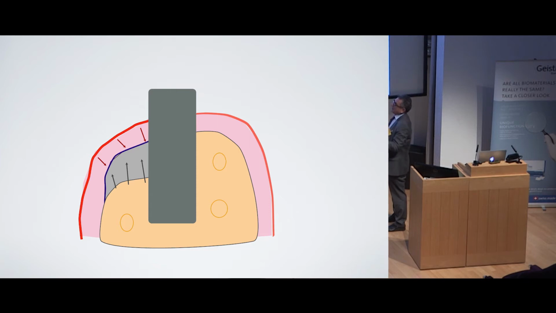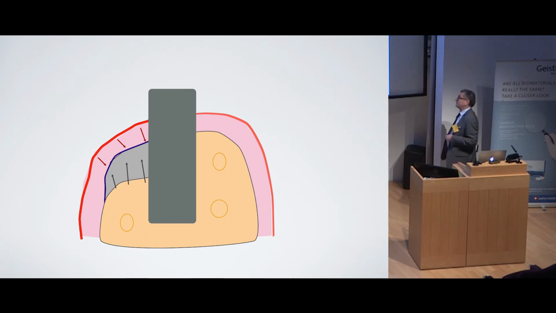We've reflected our tissue away from the original place, and we are hoping that the cells from this will migrate into this area and make bone. And I mentioned this interface here because this actually turns out to be a particular problem.